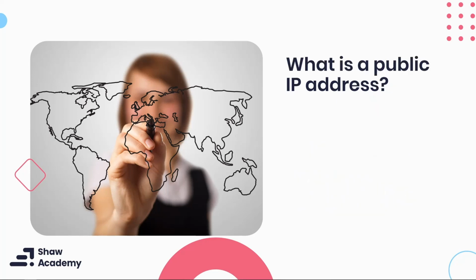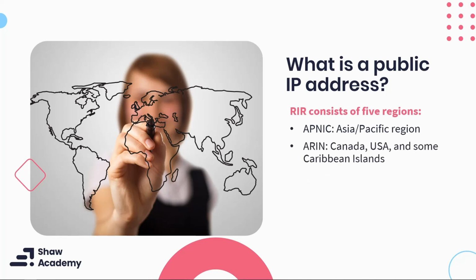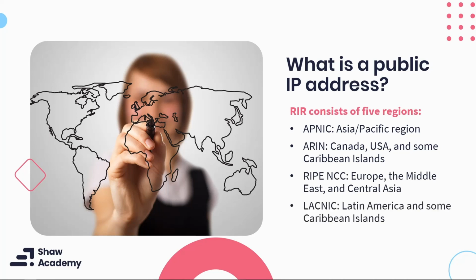Now, the Regional Internet Registry consists of 5 regions, one for the Asia-Pacific region, another for Canada, USA, and some Caribbean islands. The third region covers Europe, the Middle East, and Central Asia. LACNIC is responsible for Latin America and some Caribbean islands. And AFRINIC handles the African region.